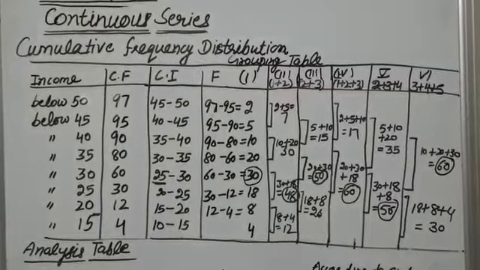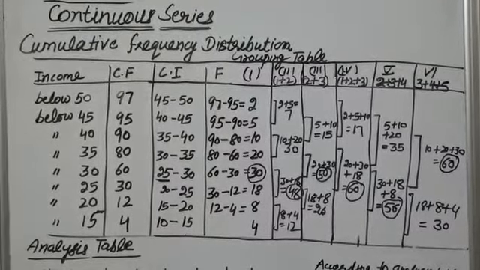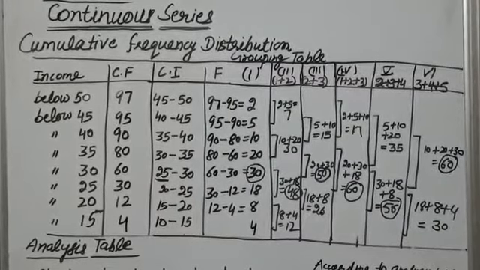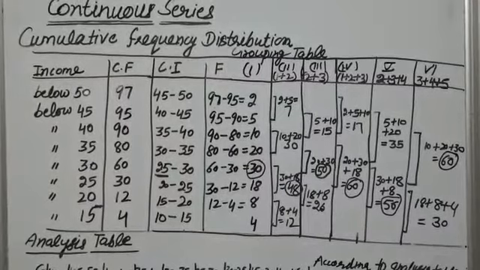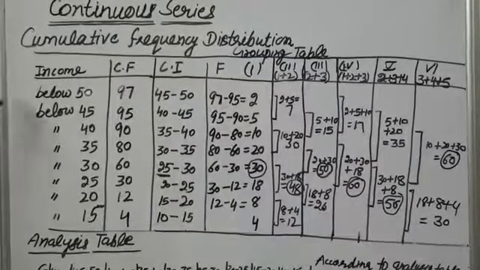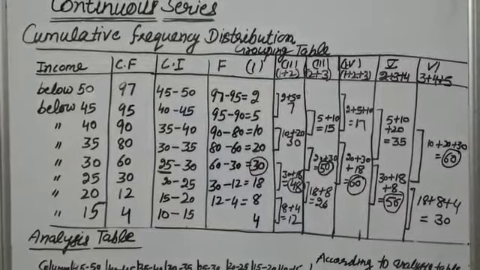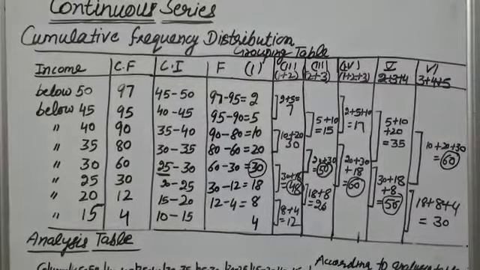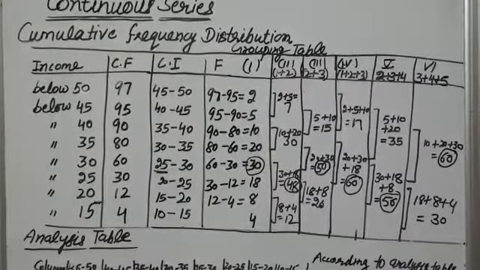Let us take an example of a cumulative frequency series. Here the income of the workers is given as below 50, below 45, below 40, below 35, below 30, below 25, below 20 and below 15.